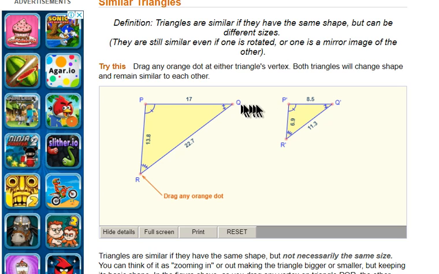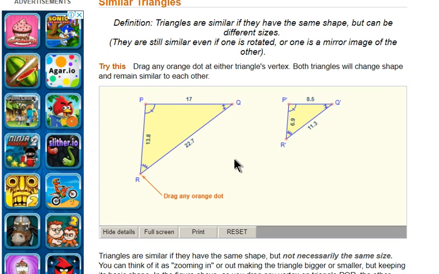Now notice that this long side here is about double this short side here, but they are similar sides. In the same way, we've got 11.3 and we've doubled that, and it's a similar side over here, 22.7. Likewise we've got 6.9, and we double that to get 13.8 over here. Both of those are similar sides.